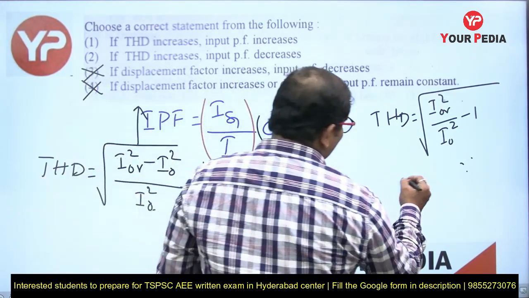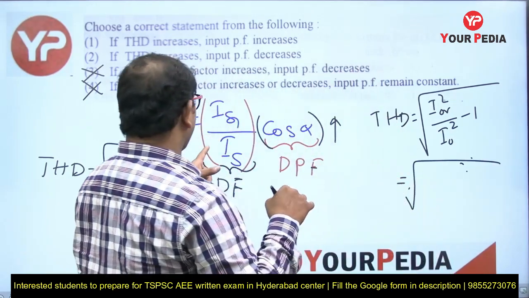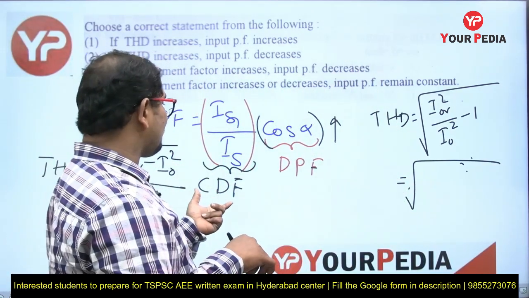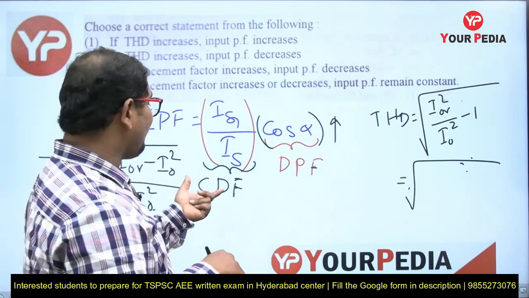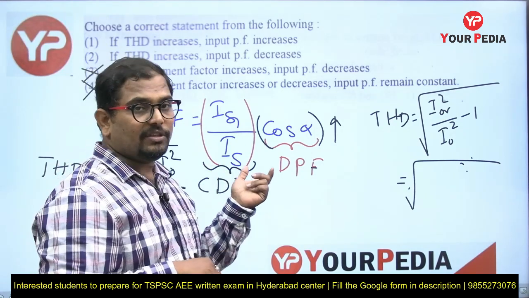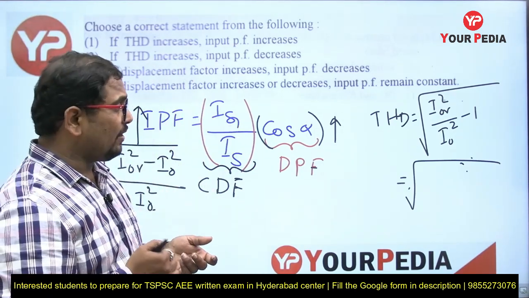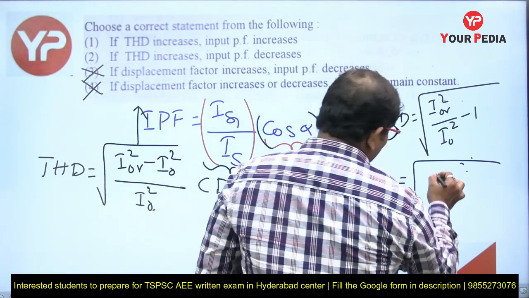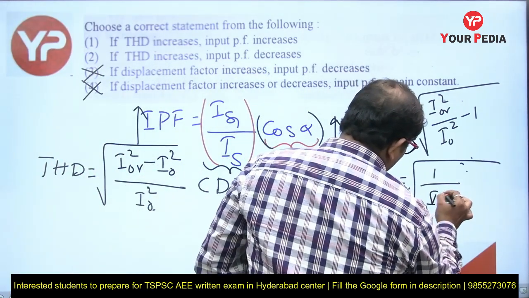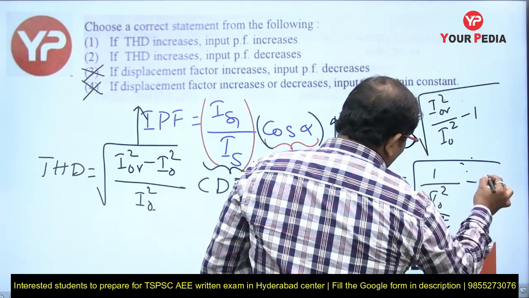So we can rewrite this equation like this again, because we know the relation for current distortion factor, that is IS1 or IOR, with the relation between IOR to IS. So we can rewrite like this: 1 by I naught square by IOR square minus 1.